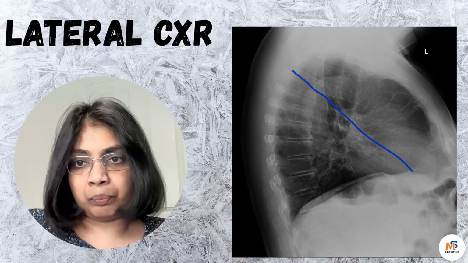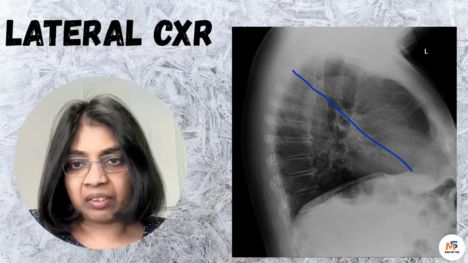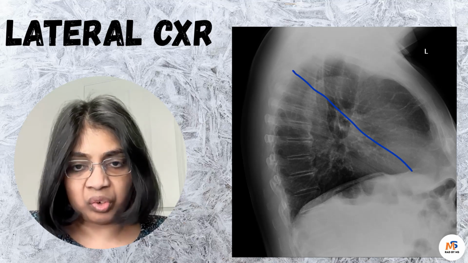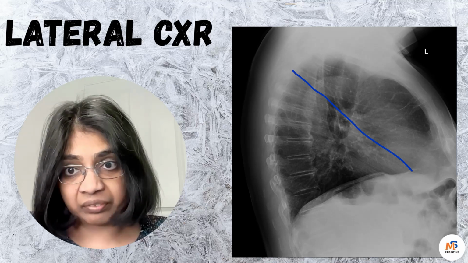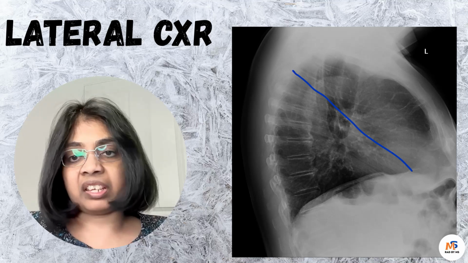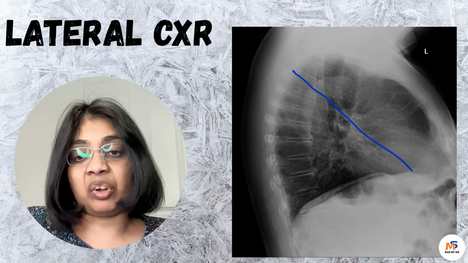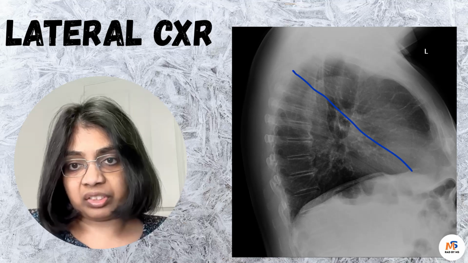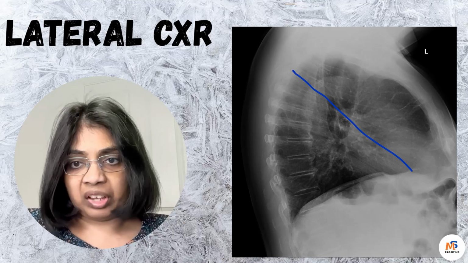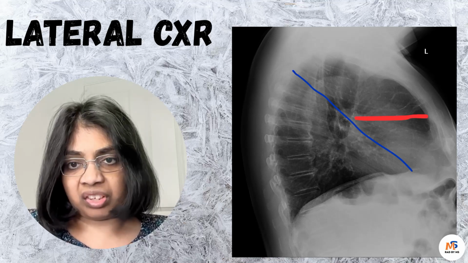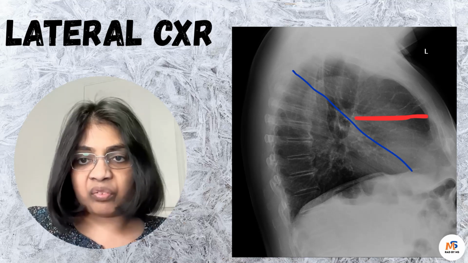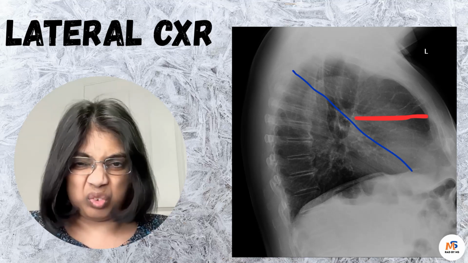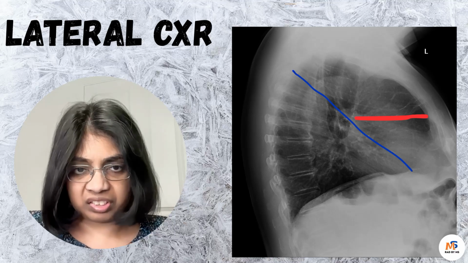It runs obliquely to the level of T4 if we were looking at the left oblique fissure, and it runs to the level of T5 if we were looking at the right oblique fissure. The horizontal fissure runs from the level of the hilum to the 4th to the 6th rib.